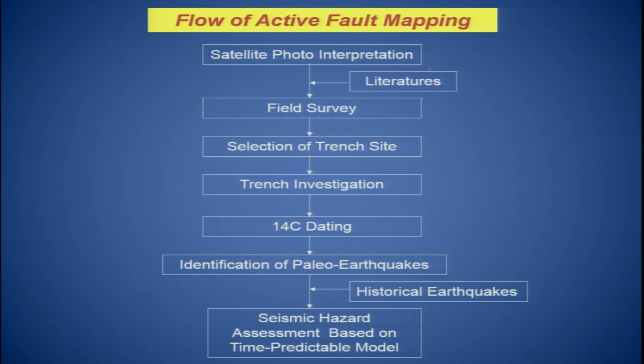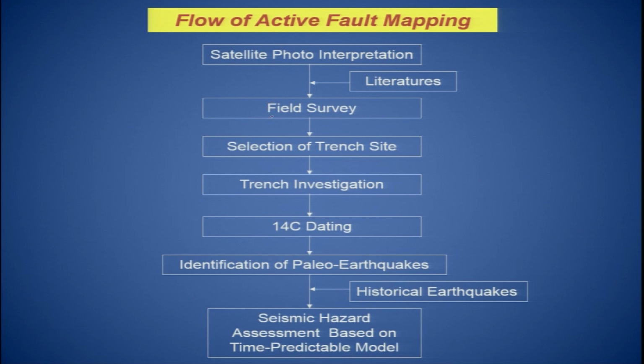We also take into consideration the literature, and this literature mostly will be related to ancient or historical chronicles, and that will help us at least to some extent to know which area hosted large magnitude earthquakes.